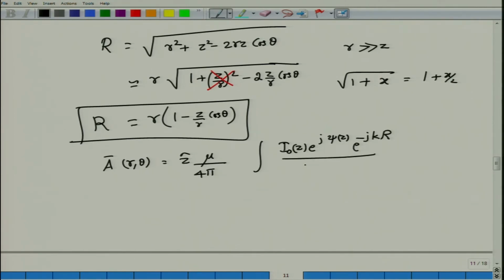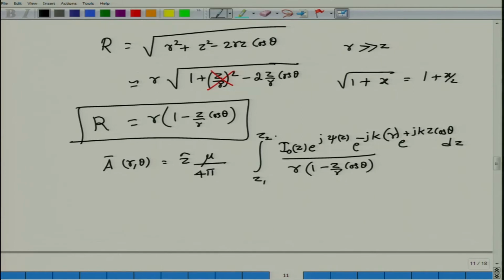In the denominator you had capital R, which I can write as r times 1 minus z by r cos theta, and in the numerator I will replace capital R by the expression for small r, which is r, and then you have e power plus j k z cos theta, this entire thing over dz, with appropriate limits z1 and z2.